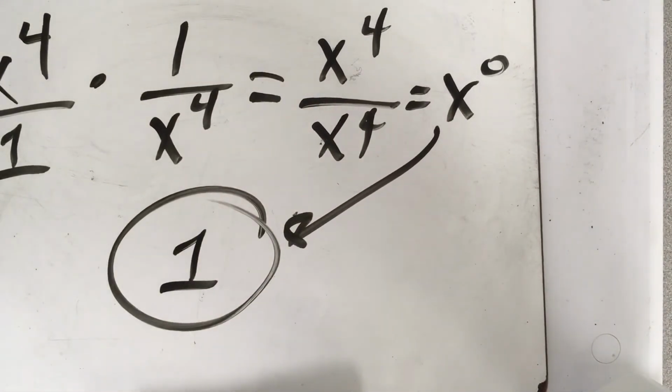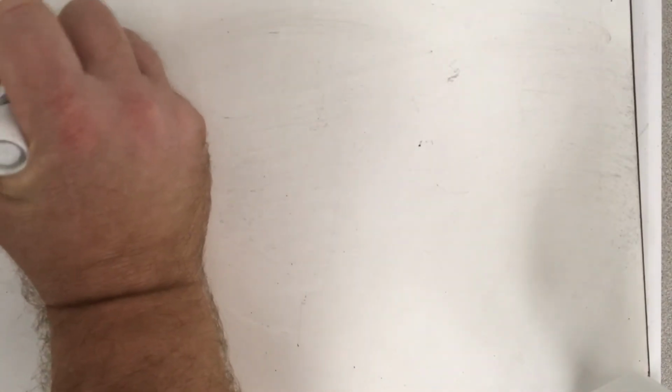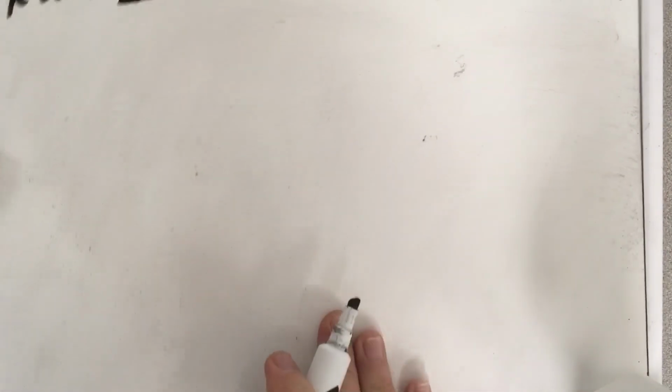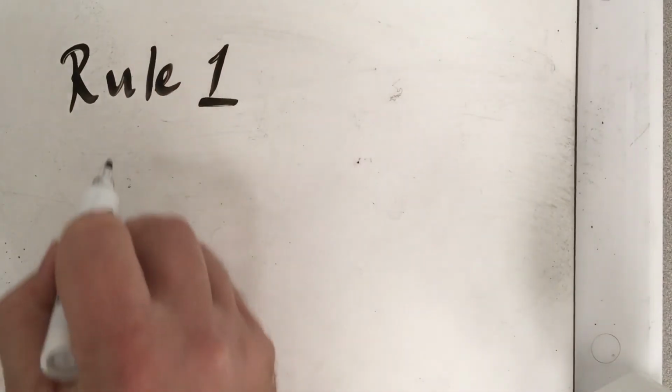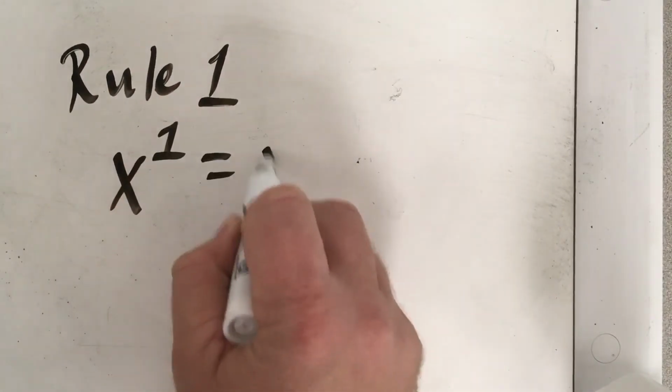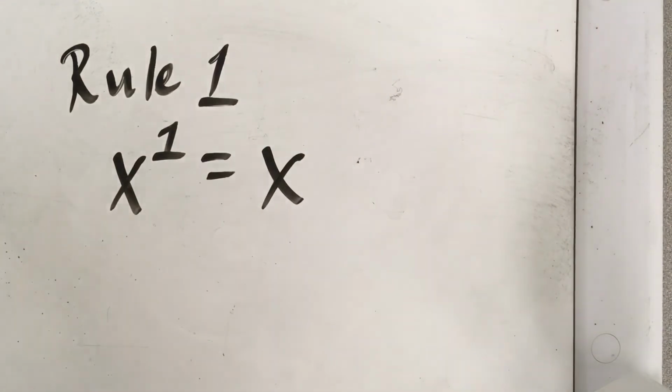So here are all the rules. A little review here. Rule 1. Anything to the first power is itself.